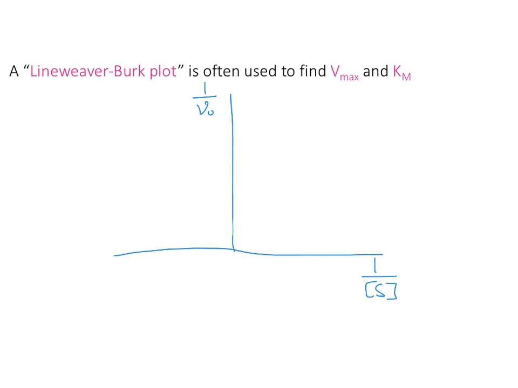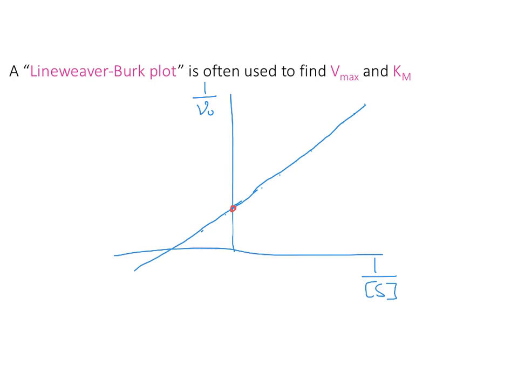So all of the points end up in roughly a straight line here in this region of the plot, the positive x and the positive y. And the Lineweaver-Burk not only linearizes it, but requires you to extrapolate or pull the line through the y and the x-axis.